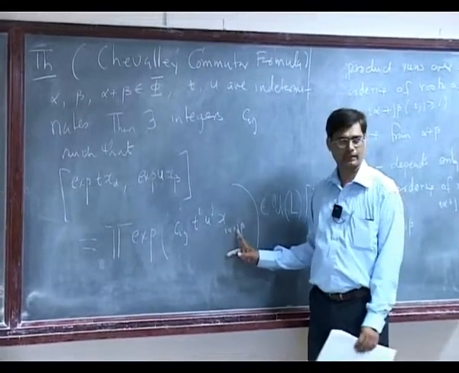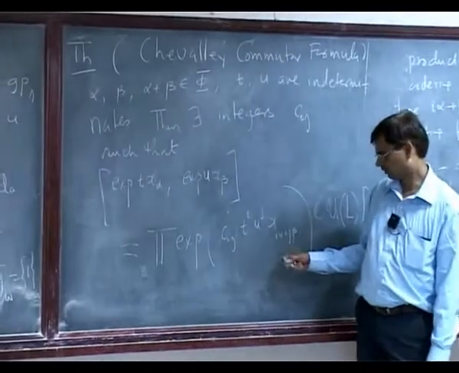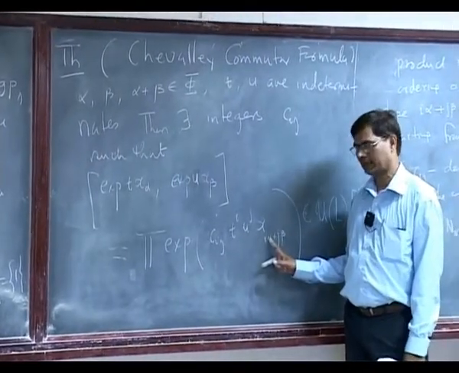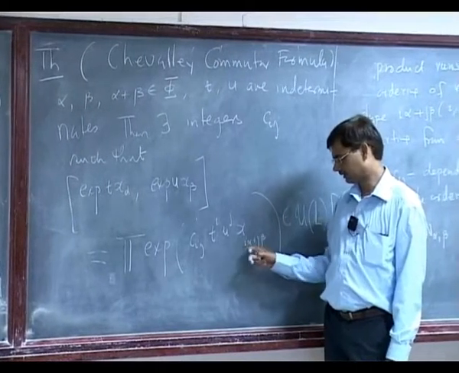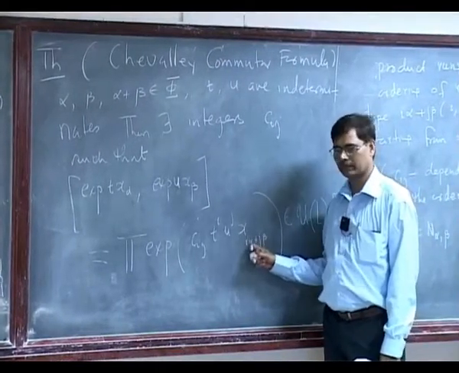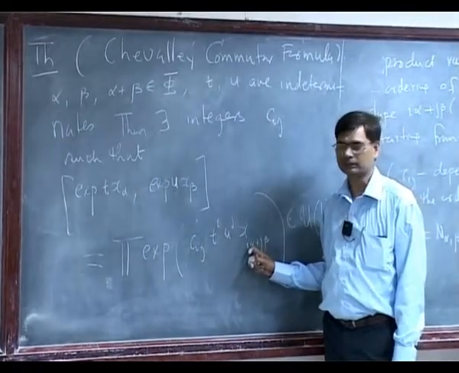So, i, j are both greater than or equal to 1, right. So, if alpha has height say k and beta has height l, then the roots on this side have height greater than or equal to k plus l, right.